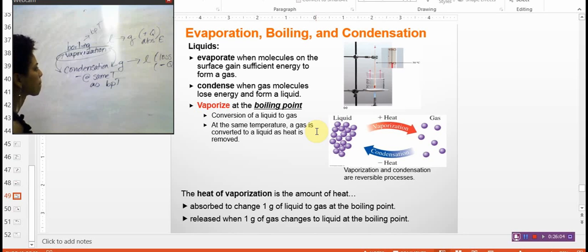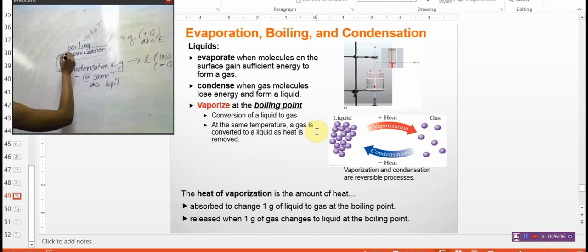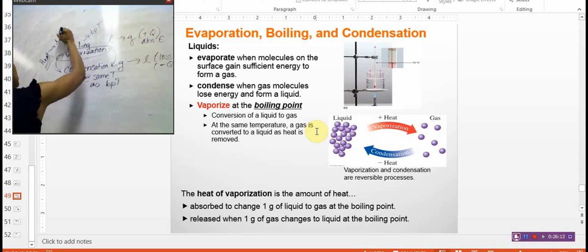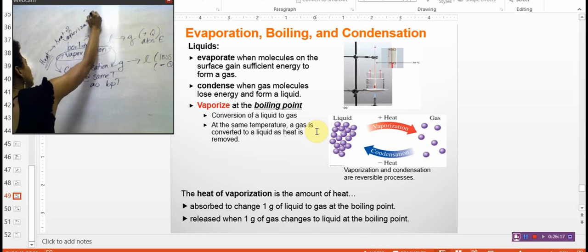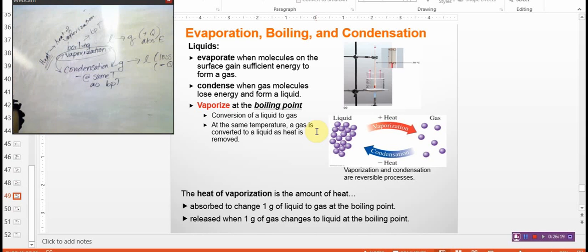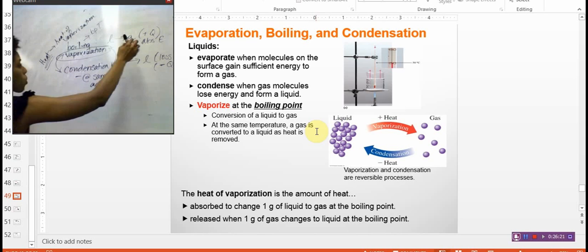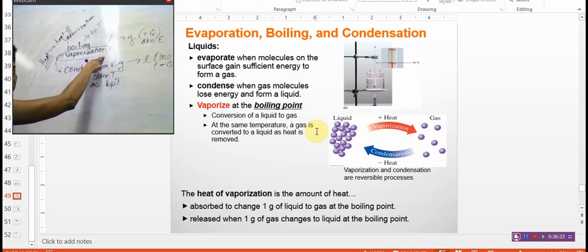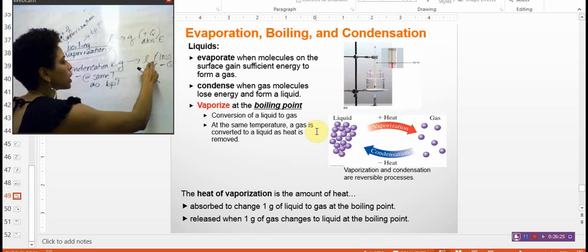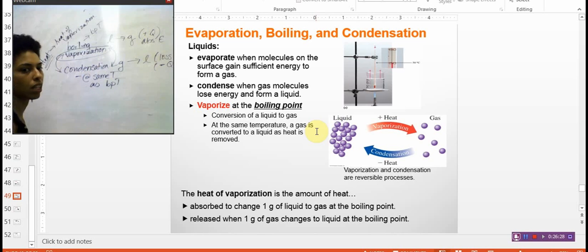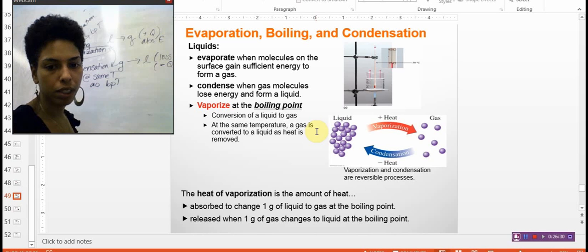So this requires a certain amount of heat, and this is called the heat of vaporization, right? So I either absorb that heat to become vapor, or I lose that same amount of heat to condense and become a liquid. All right?